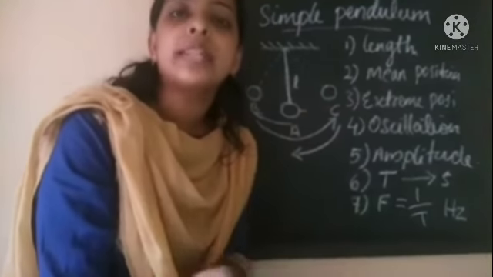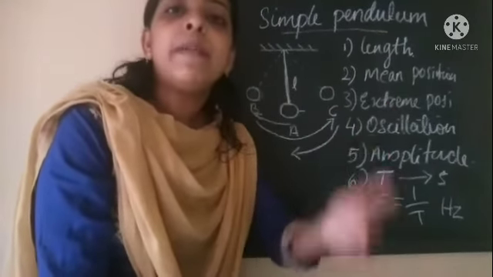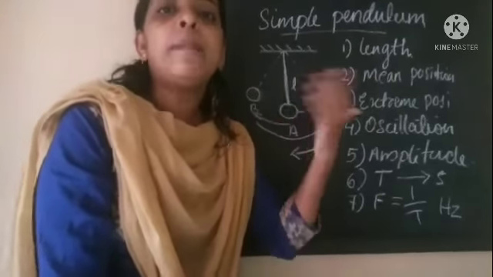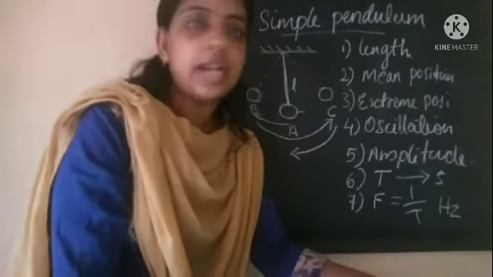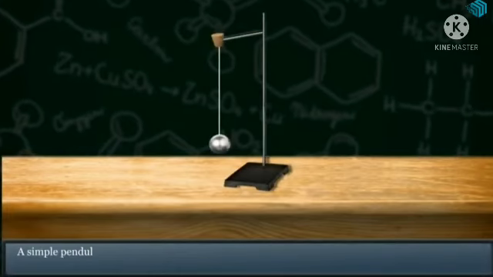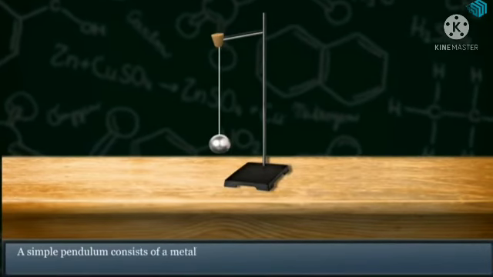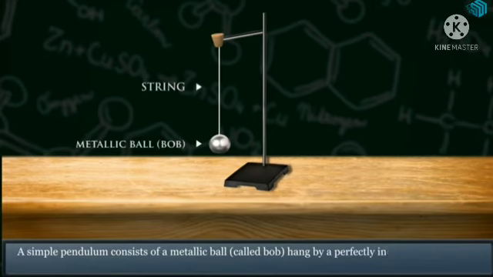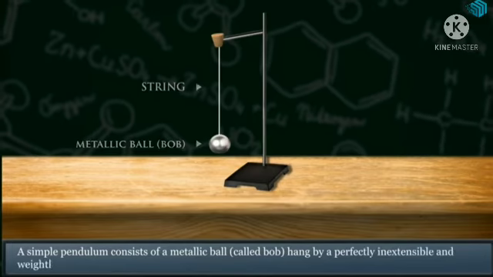Why do we need to discuss the simple pendulum? A simple pendulum is a simple device based on the principle of periodic motion. That's why we are discussing the concept of the simple pendulum. A simple pendulum consists of a metallic ball called the bob, hung by a perfectly inextensible and weightless string.